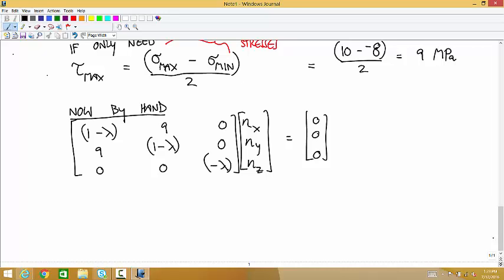And so to solve that, it requires that 1 minus lambda, 9, 0. Then next row 9, 1 minus lambda, 0. And then the last row is 0, 0, minus lambda. We need the determinant of this to be equal to 0.